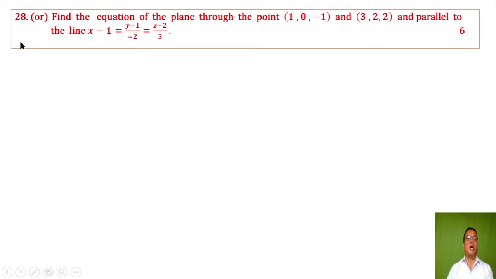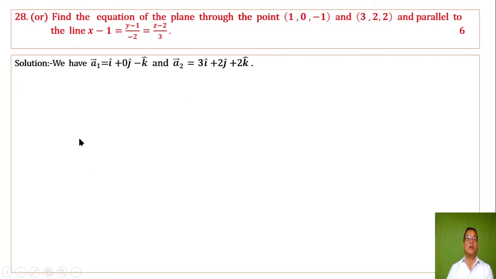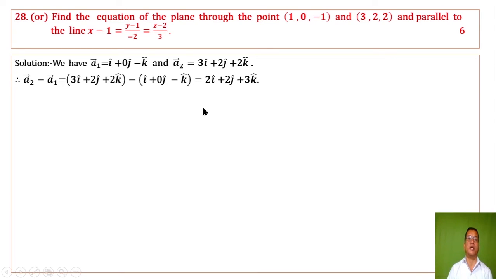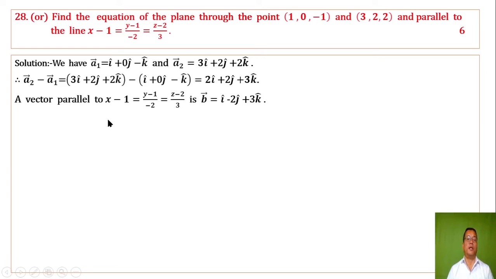Question number 28 alternative. Find the equation of the plane through the point this, and parallel to the line this. We have A1 equal to this, A2 equal to this. A2 minus A1, we have 2i plus 2j plus 3k. A vector parallel to the given line is B vector equal to i minus 2j plus 3k.